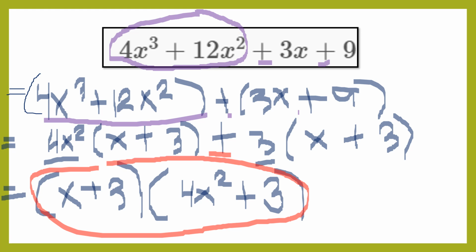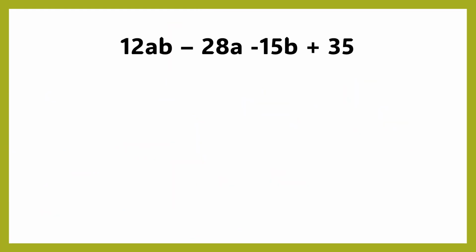Alright, let's try to solve another example. We have here 12ab minus 28a minus 15b plus 35. Again, let's divide this given polynomial into two binomials since there are 4 terms. Okay, equals, open parenthesis, the first binomial is 12ab minus 28a.